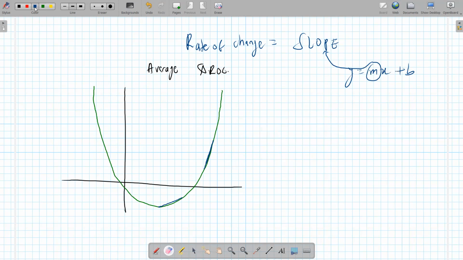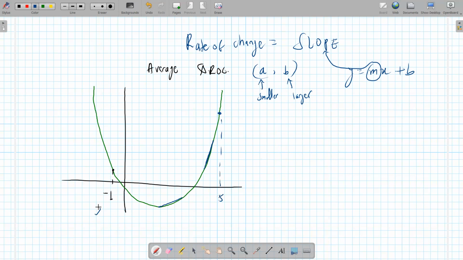The first way is called the average rate of change. You take 2 points, two x values, a and b. A is the smaller x value, b is the larger x value. So here we can go from maybe -1 on the x to, I don't know, like 5 on the x.